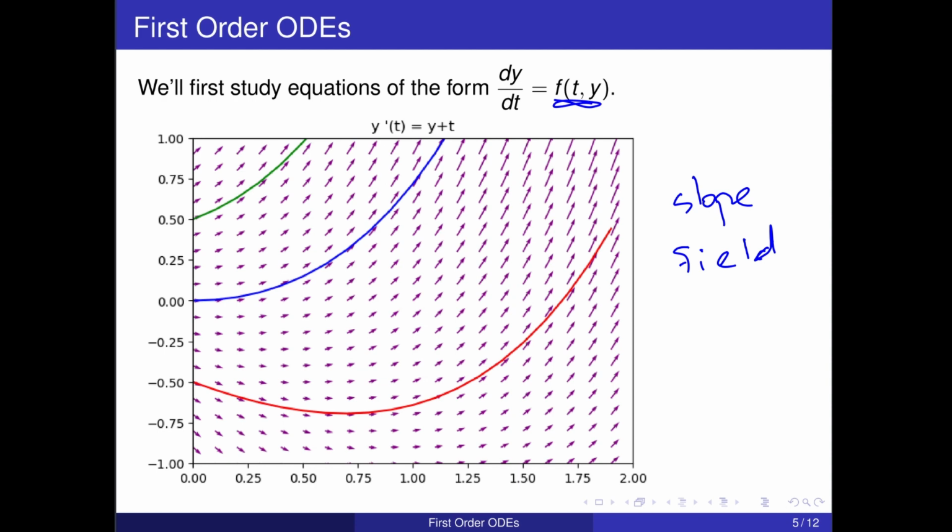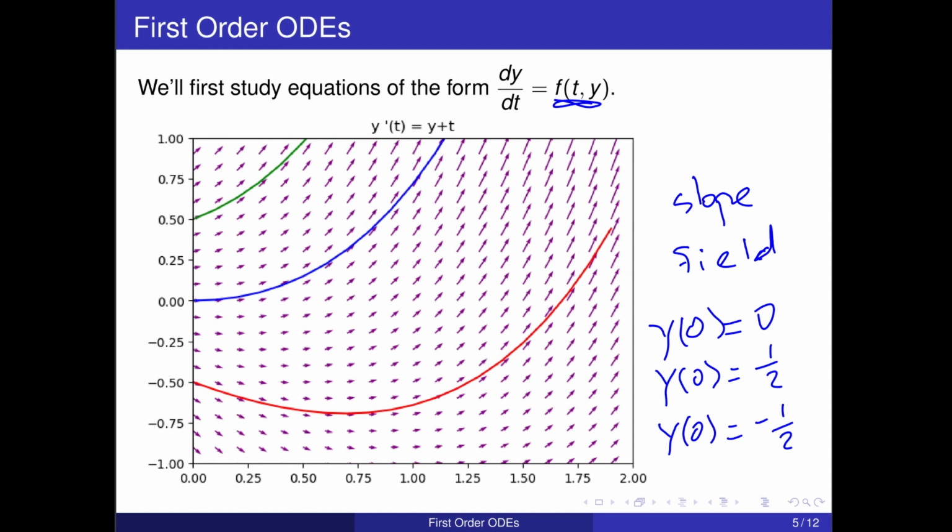However, if you pin down an initial condition, for example the value of y at t = 0, so here we have y(0) = 0, y(0) = 1/2, and y(0) = -1/2, then if you follow along the arrows, you'll end up with a unique solution curve.